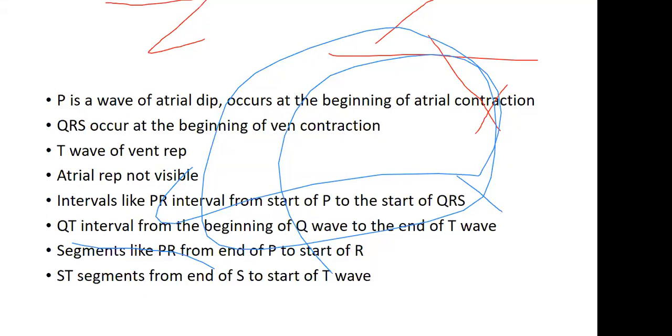It is from the beginning of the Q wave to the end of the T wave. And you will later know that this is the time when the ventricles contract and relax. And you know that it is actually the ventricular contraction and relaxation which is very, very important for the normal cardiac output.